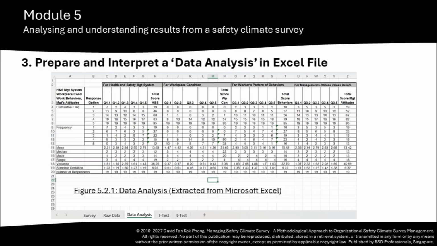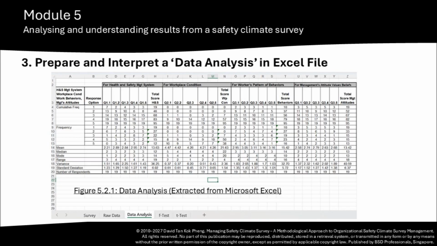Finally, for management's attitudes, values, and beliefs, senior management scored 22.5, formula equals average, raw data, R3, middle management scored 15.7, formula equals average, raw data, R7, and persons at work scored 7.89, formula equals average, raw data, AA13.